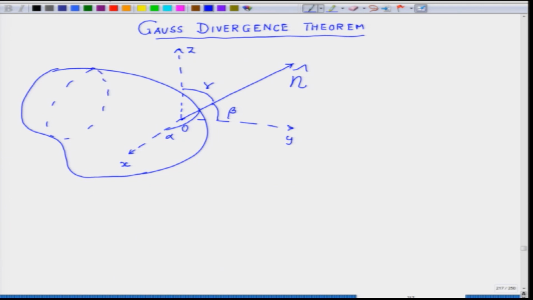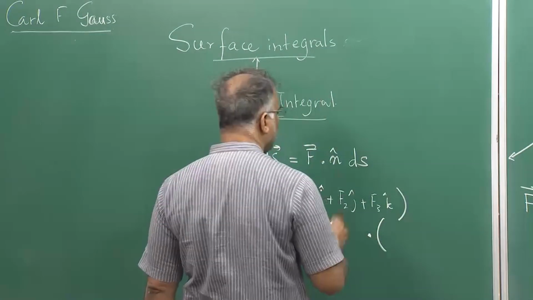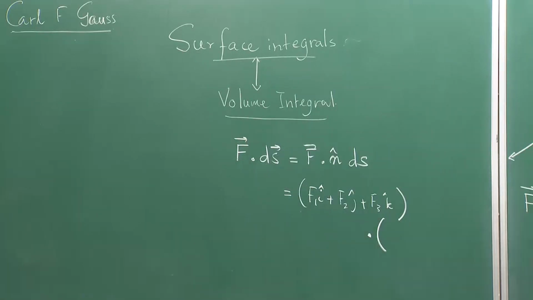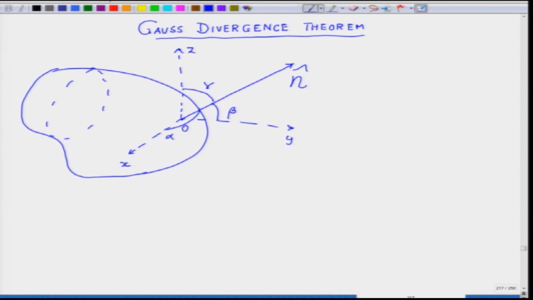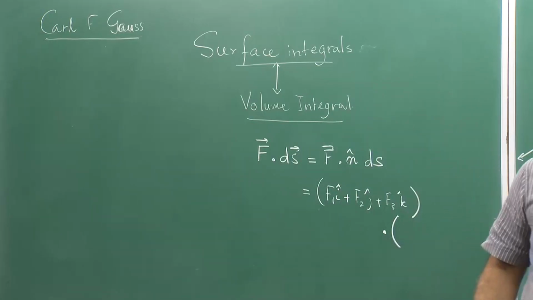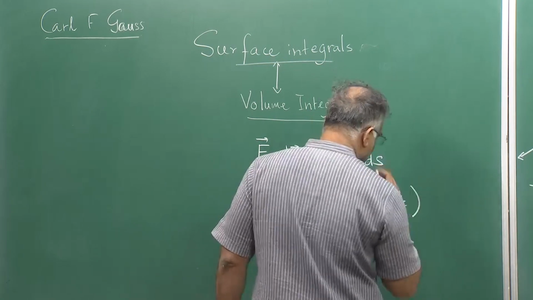Then I can write the dot product with the normal as follows. If I drop a perpendicular on the x axis, the length it cuts off is norm n of cos alpha. Norm n is 1 because it is a unit vector. Similarly for the others, norm n of cos beta and norm n of cos gamma, with norm n being 1.